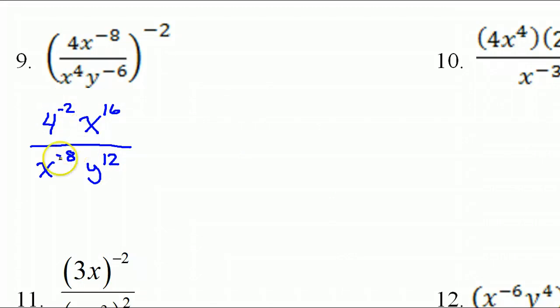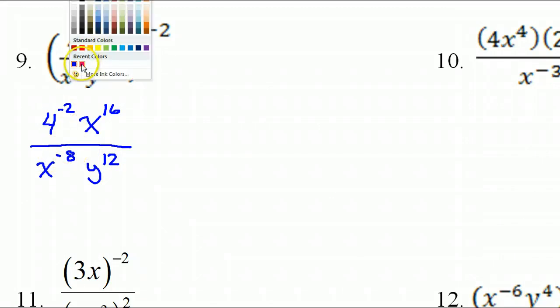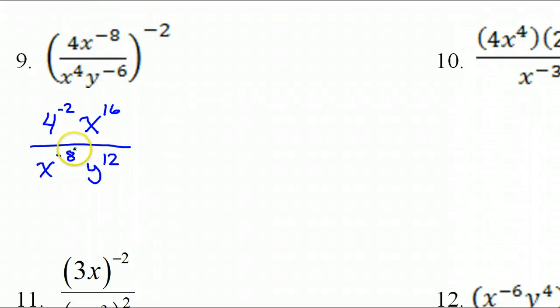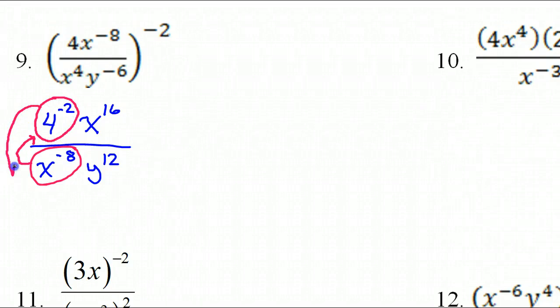Now, anything with a negative exponent should be moved to the other side of the fraction. So this is going to have to go up, and this is going to have to come down. Alright, so if I do that, this is what I will get.